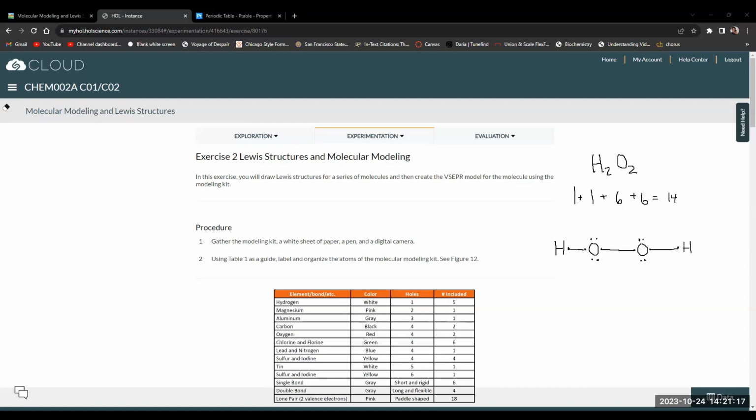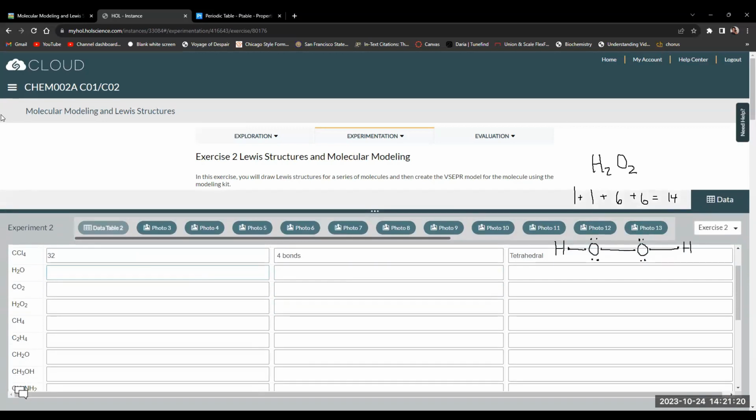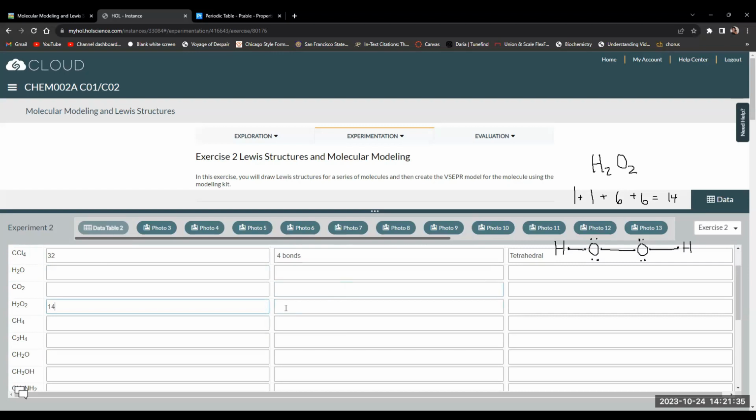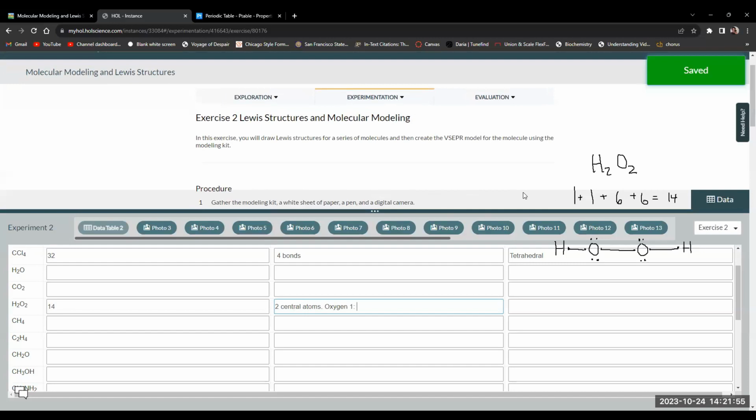All right. So let's put this in our table. So we have a total number of 14. And then it says total number of atoms, 2 central atoms. And then I'll just put oxygen 1 has 2 pairs, or let's say bonds.